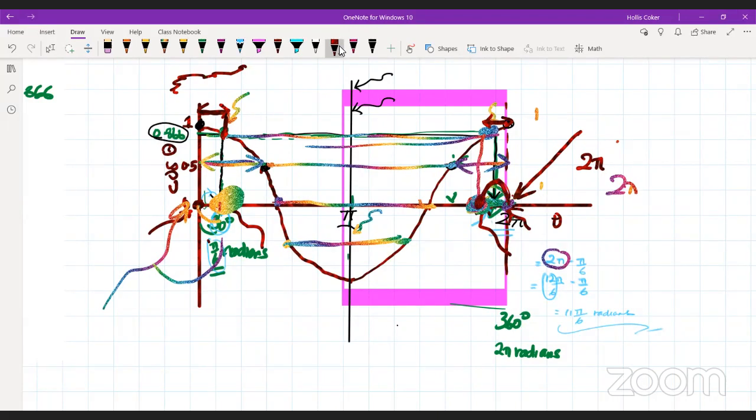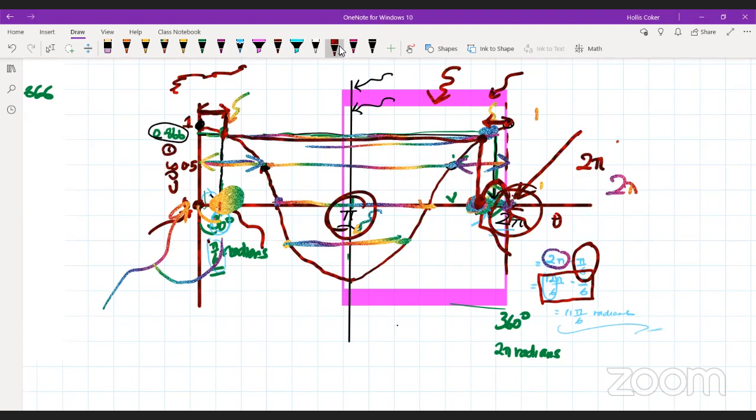In the third quadrant, remember, I'm interested in angles only in this region here, only in this pink box from pi to 2 pi. Yeah. Right, so if I take 2 pi and I subtract pi on 6 from that, I will get the angle whose cosine is the same as that angle there.